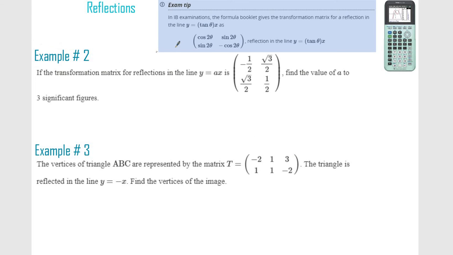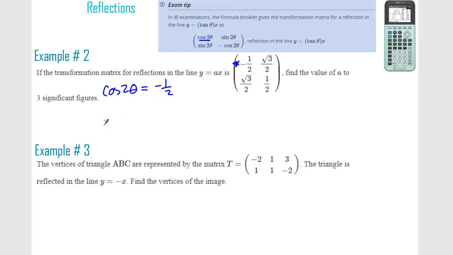All right, so there are formulas for your reflections. So they are in your formula booklet. So if we are reflecting across this line, y equals tangent theta times x, or you're reflecting it with that angle. So, all right, first of all, let's do this example. If the transformation matrix for reflections is this, that means that cosine 2 theta must equal -1/2, because that's cosine of the first one.